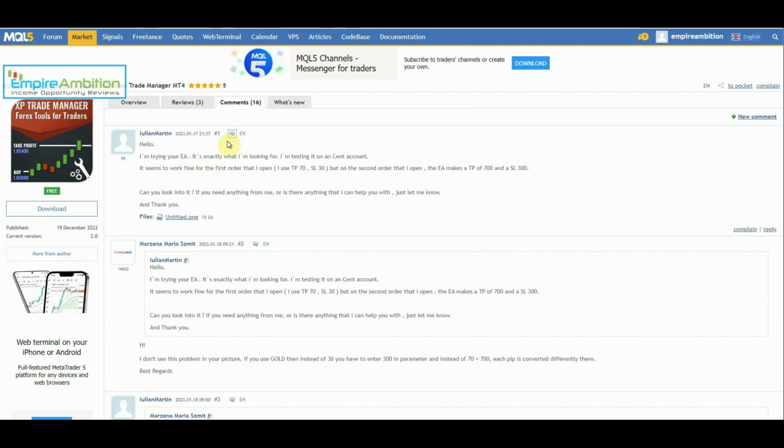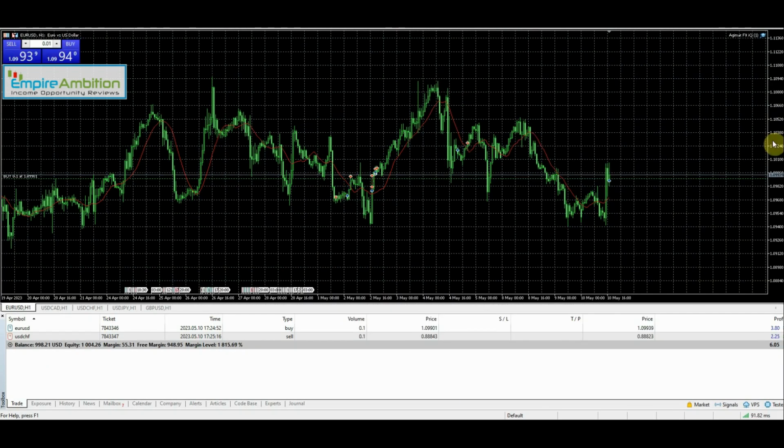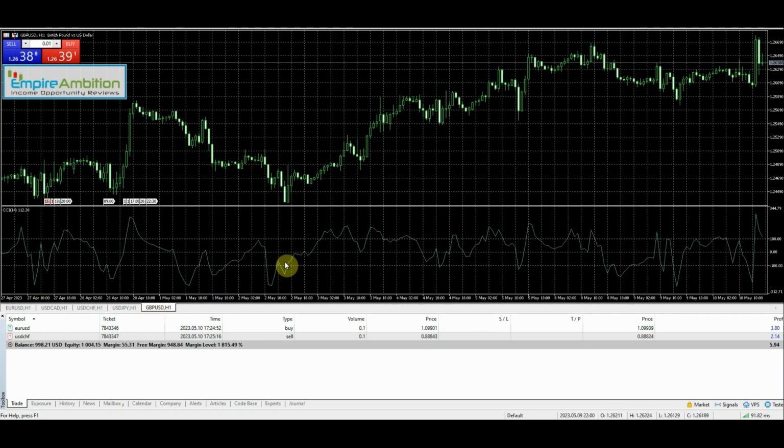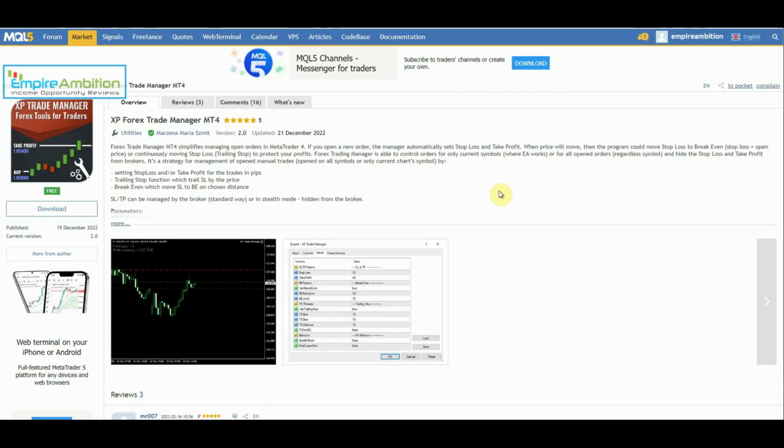And this is set up so that, let me get back to overview, you can actually, from my understanding, set this up on another chart that does not have any EA set on it, and it will automatically manage the trades for you. So it'll automatically set a stop. It'll automatically manage the trades without having to go in and do those things. So yeah, just wanted to make sure I mentioned that.